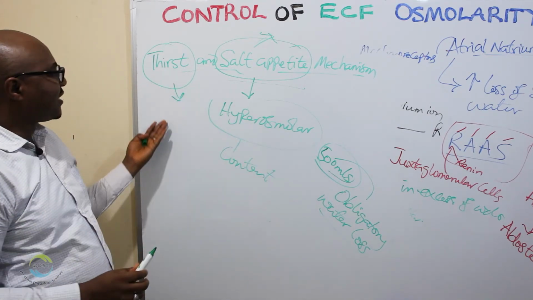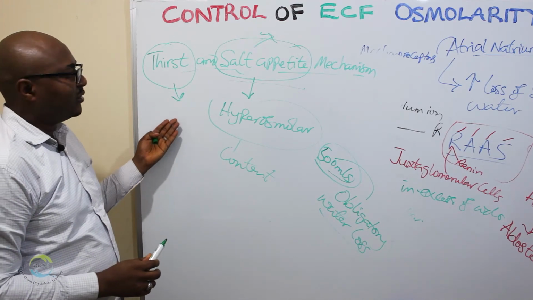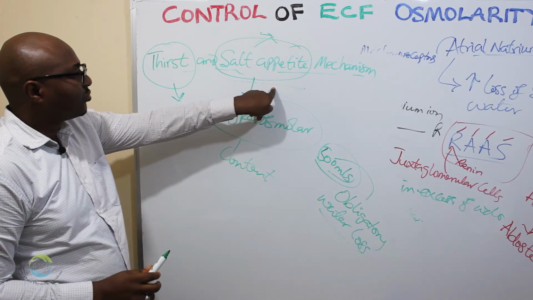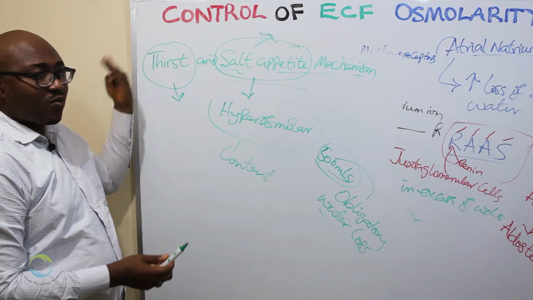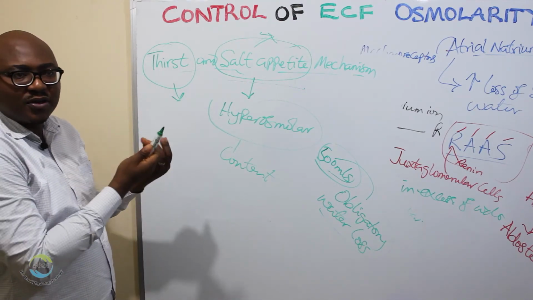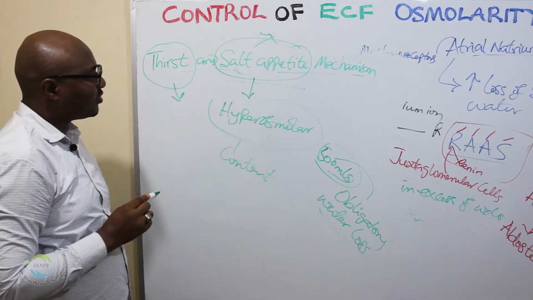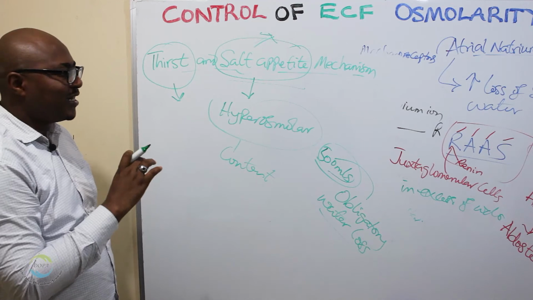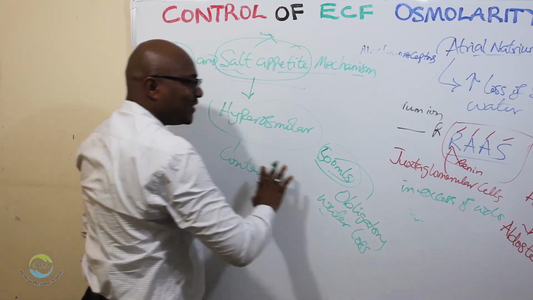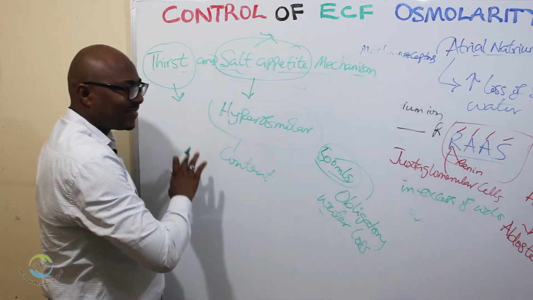So you must take water. Then also salt. Because if you are taking water, your body fluids become dilute. The salt mechanism goes into play. You take more salt. So this is how the body balances everything.